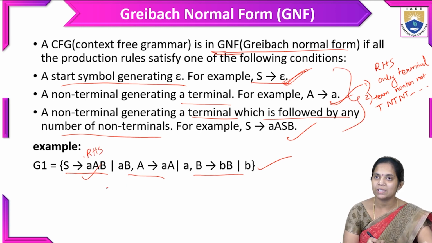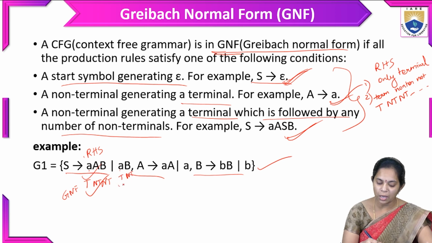This production rule has a terminal followed by two non-terminals, so this condition is satisfied. This production rule is in GNF, Greibach normal form. And here a terminal is followed by a non-terminal.